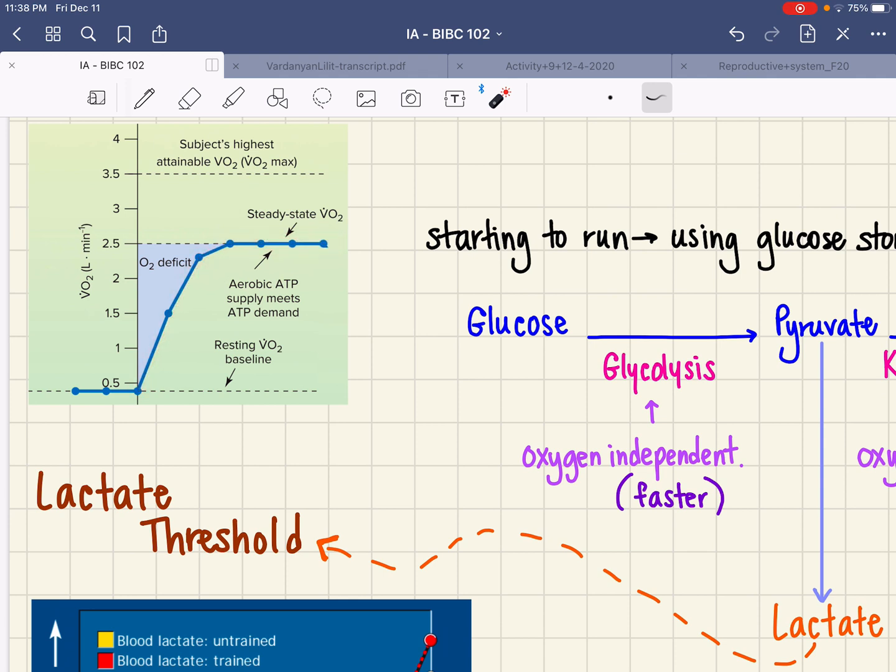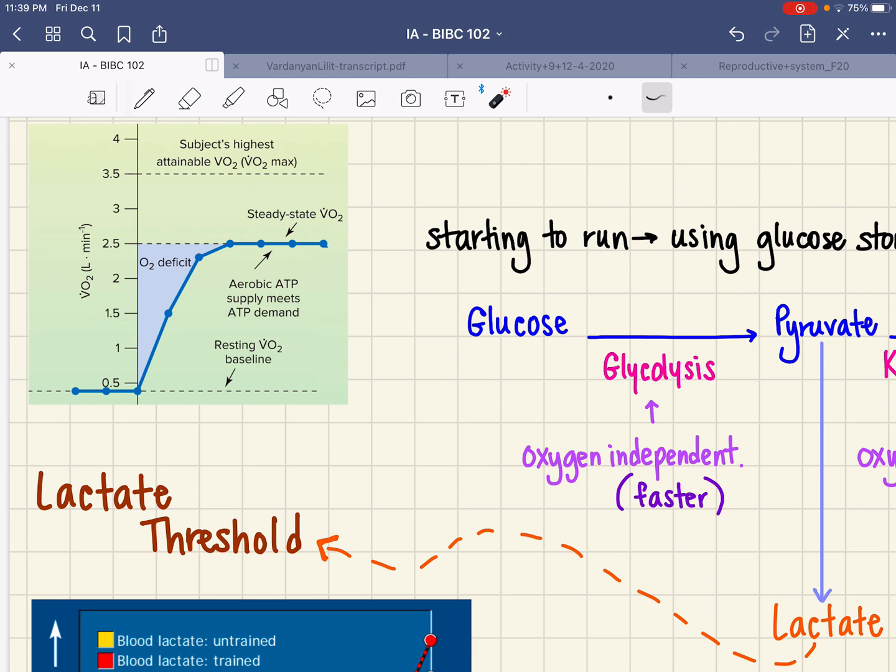During the time when I am having oxygen deficit, I am using a lot of anaerobic activities, a lot of anaerobic respiration. So maybe most of my muscles do use creatine phosphate or do glycolysis.